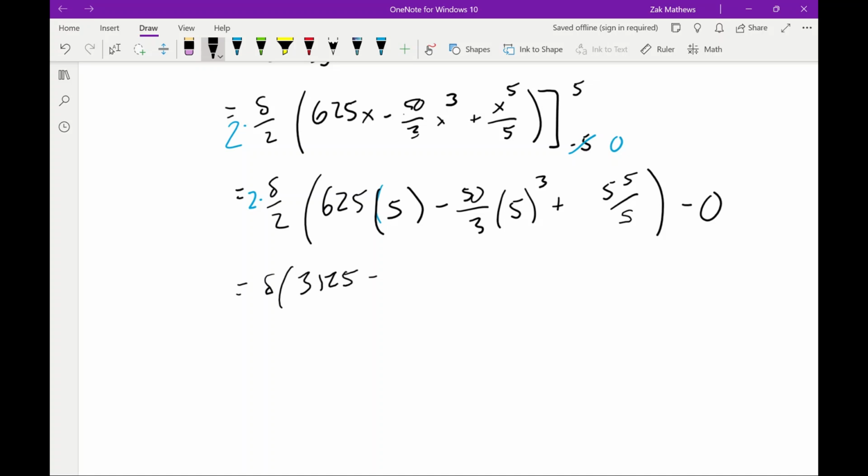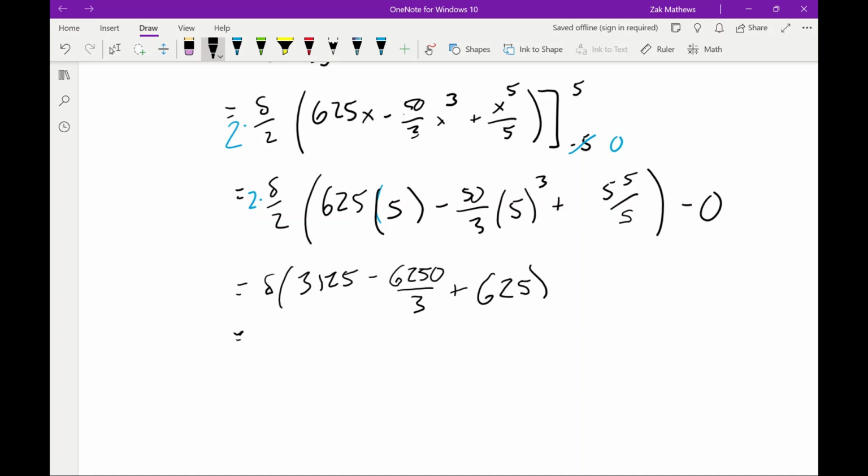In order to add all of these things, I need a common denominator, and that will be 3. So we'll have, that should give us 5,000 over 3. Just making sure I did all that right.